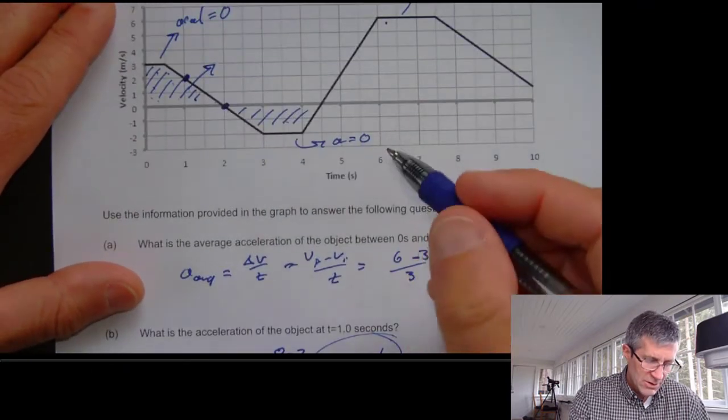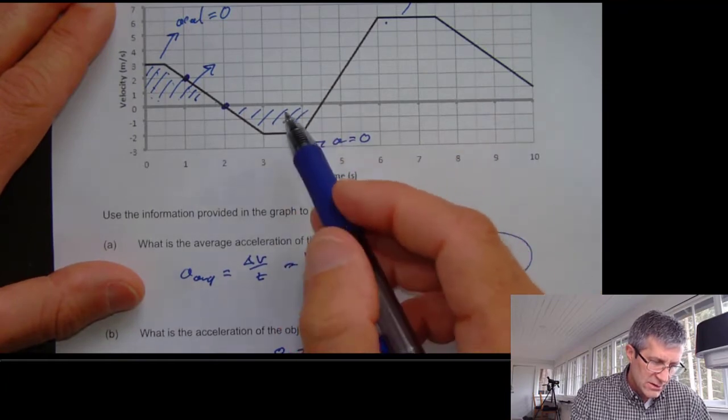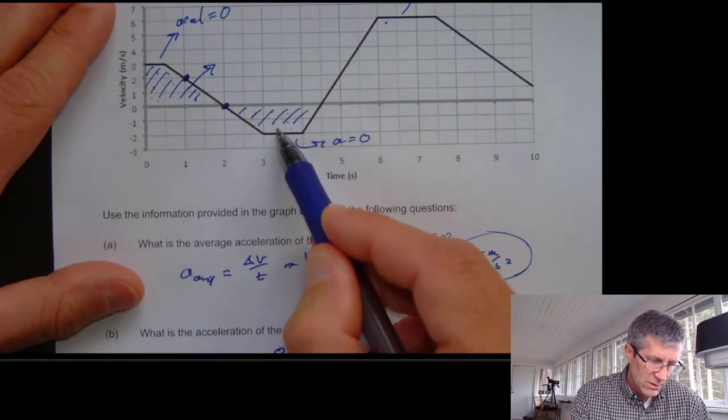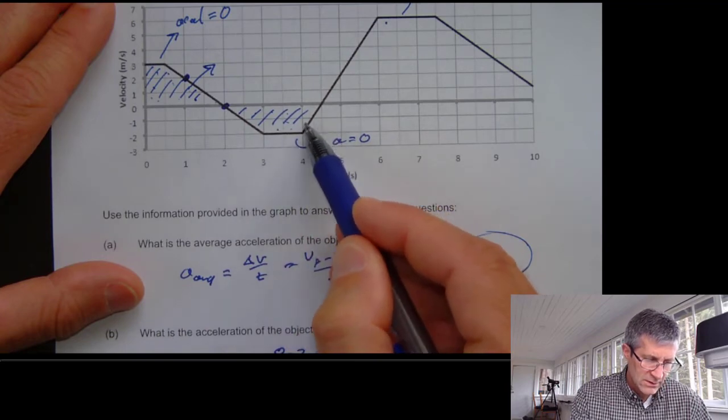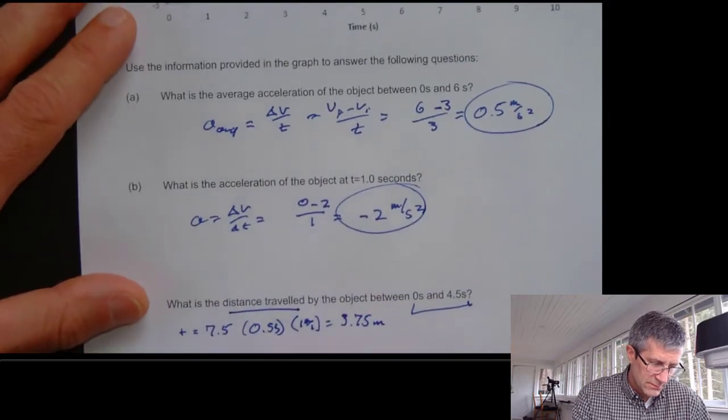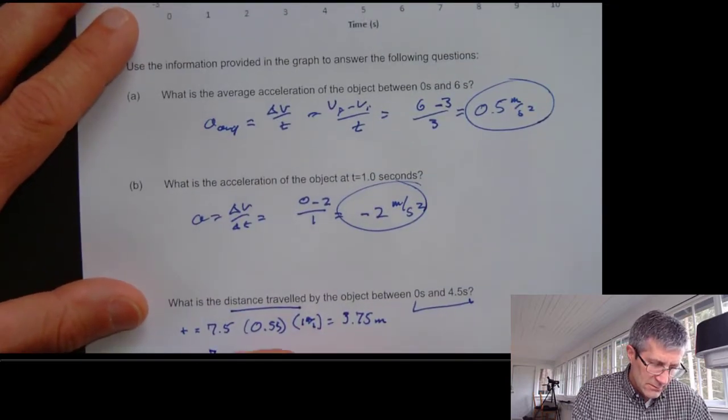Now I want to figure out how much I traveled in the negative direction, so I'm going to count squares. I've got 1, 2, 3, 4, 5 whole ones. I'll call this 6. I'll call this 7. So I've got 7 whole ones in the negative direction.